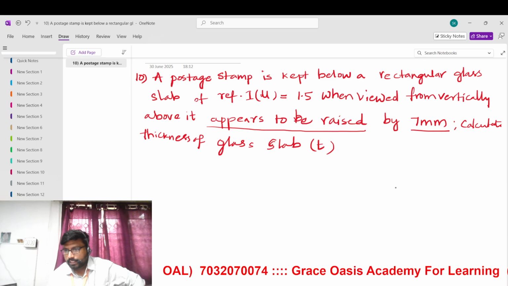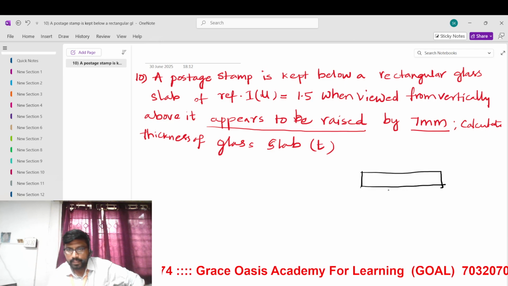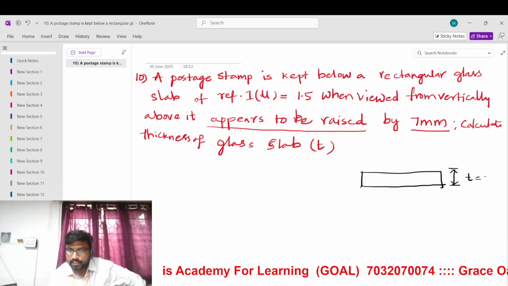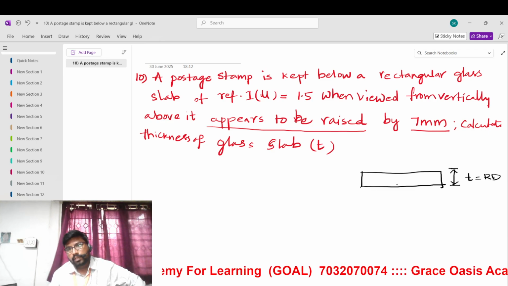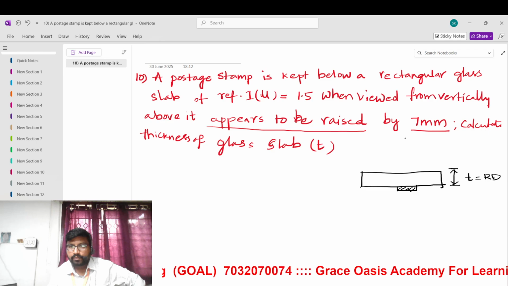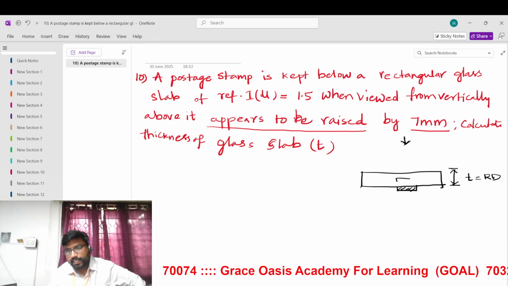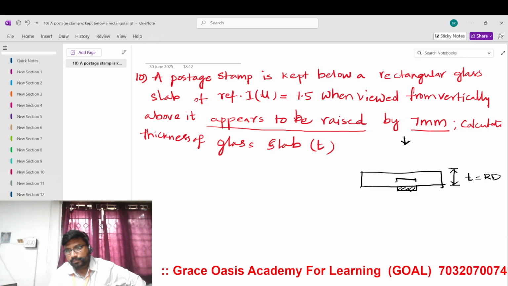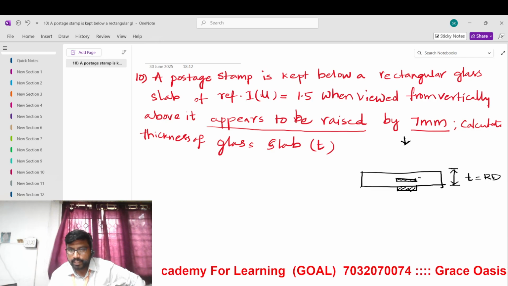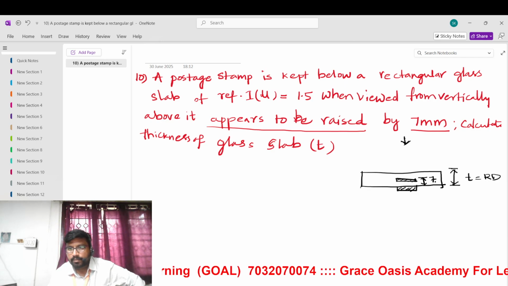There is a glass slab like this, with depth T, which is also the real depth. The stamp is under the glass slab. Someone is seeing from the top, and it appears raised up, appearing here. The distance from here is the shift, 7 mm.